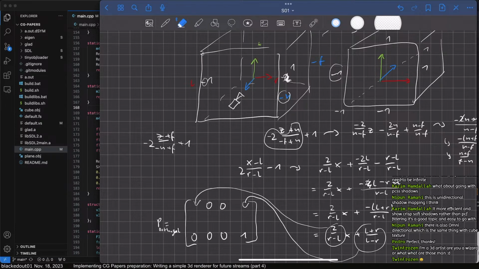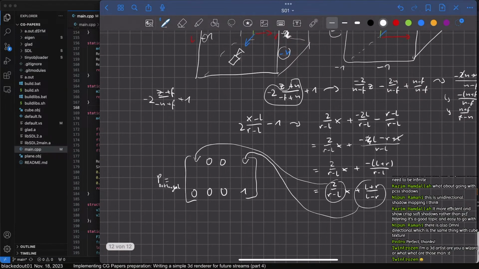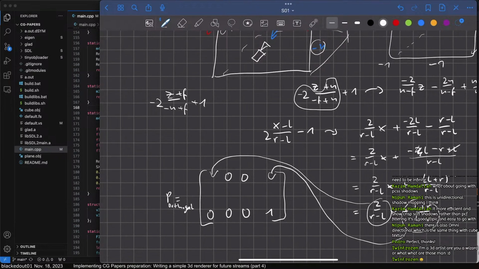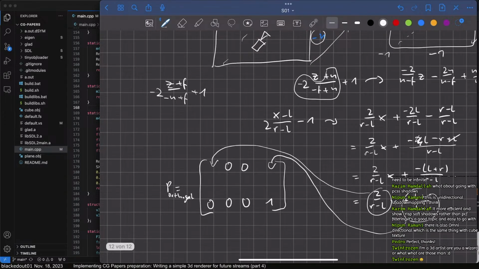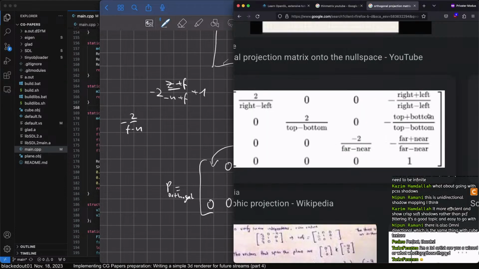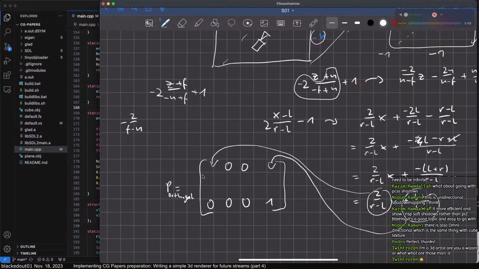Okay, let's see. Sorry, this is probably a bit boring, but I wanted to get this right. So the scaling factor is again here, -2 over f minus n. Let's see if this is correct. Yeah, this seems to be correct.